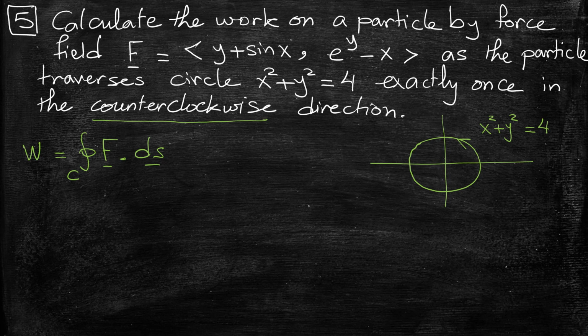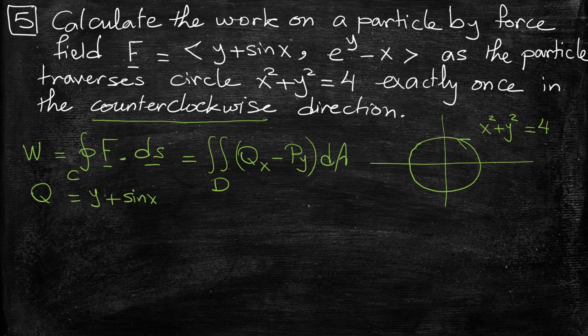According to Green's theorem, this can be done as an integration over the region, the integral of Qx minus Py dA. Where is Q here? Sorry, this is P, and Q equals e^y minus x.